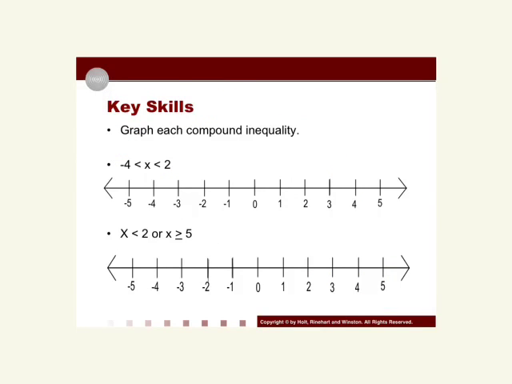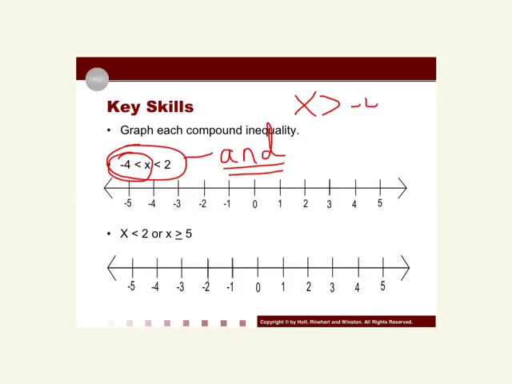So what's this look like graphically? Well, first of all, when we see a compound inequality written like that, this actually means it's an and. Only conjunctions can be written without the word being used. And so to rewrite this using the word and, again, x is in the middle here, but x is greater than negative 4, and x is less than 2.